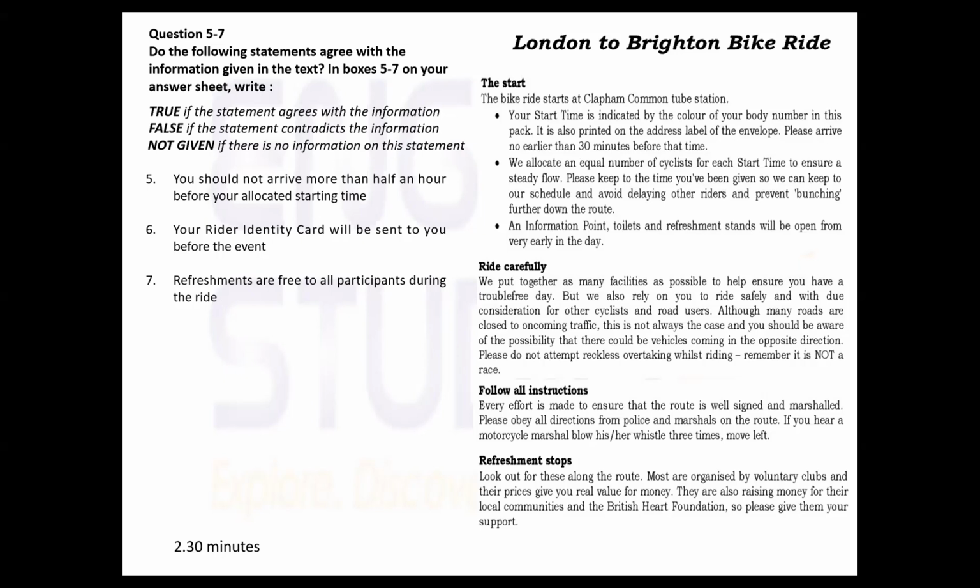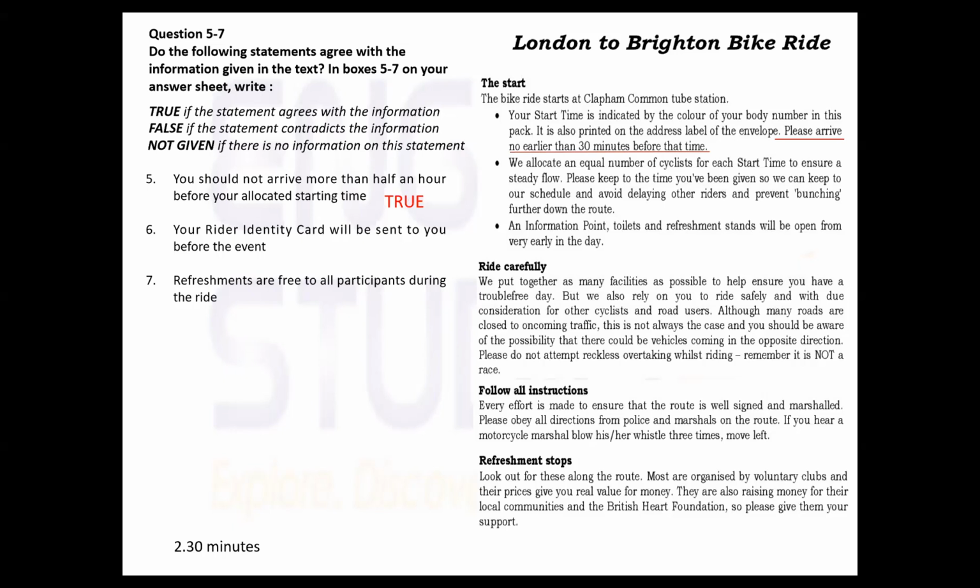Sorry, what is the answer? False, right? The answer was false. Yeah. Now, the answer is true. The answer should be true because here the question said you should arrive more than half an hour before. So you can't come more than half an hour before the time. Okay, here it says you can't come, don't come more than half an hour early. It means not one hour before, you must come 30 minutes before.